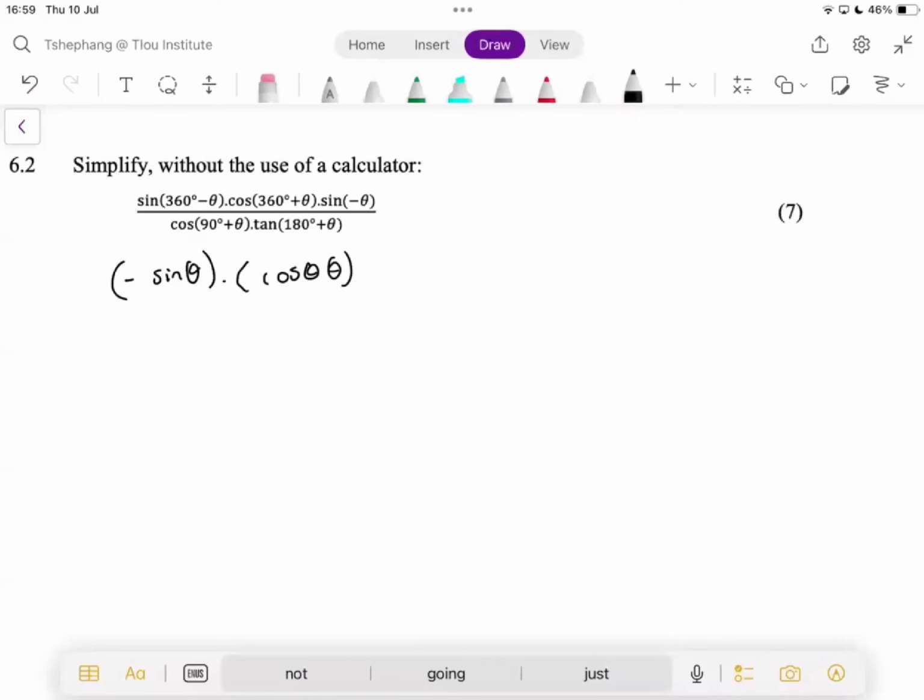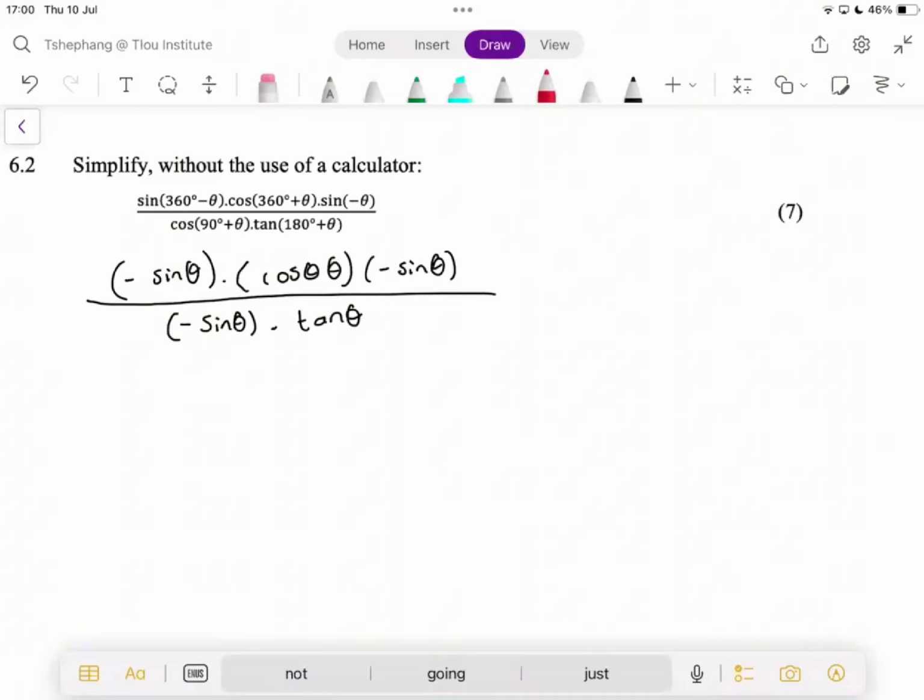Sine of negative theta, we put a 360 in front, so it becomes 360 minus theta, and this is negative sine of theta. This is then all over cos of, but it's a cofunction, so it's going to change to what? To negative sine of theta, because it's in the second quadrant where it is negative. Remember, we deal with cos first before we change.